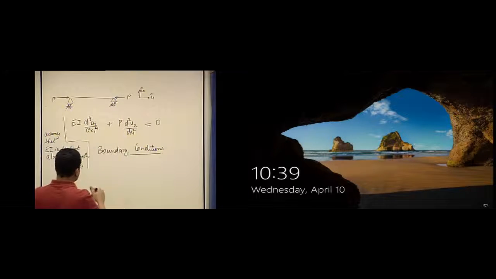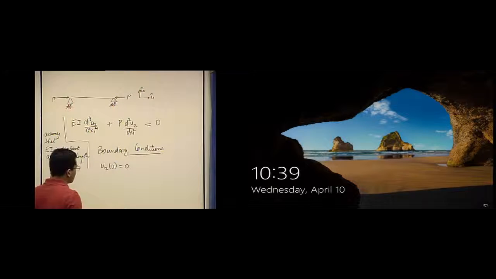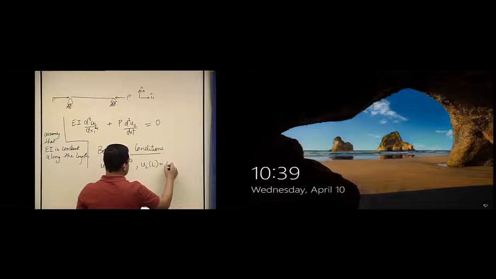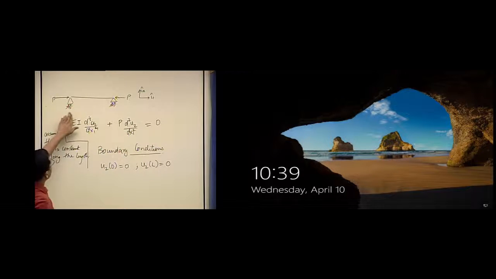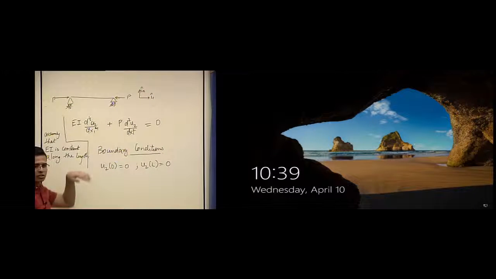We have the displacement u2 at x1 equal to 0 as 0. Then we have u2 at x1 equal to L as 0, because there are simple supports here, so they won't allow displacement in the vertical direction.